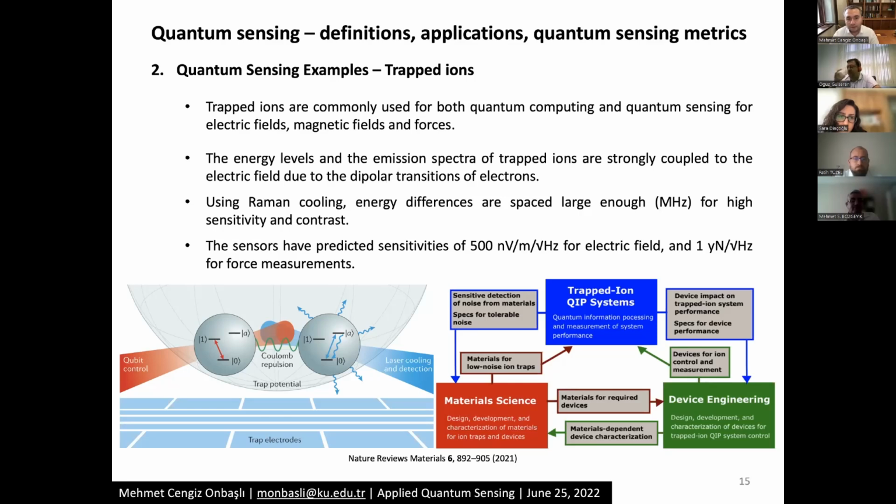People have started demonstrating electric field sensitivities of 500 nanovolts per meter. This is a unit for electric field, and when you divide it by square root of hertz, you are obtaining the electric field sensitivity per bandwidth.